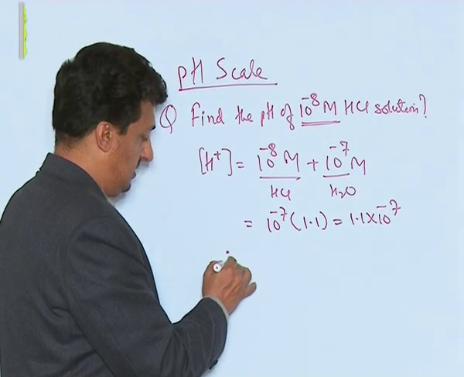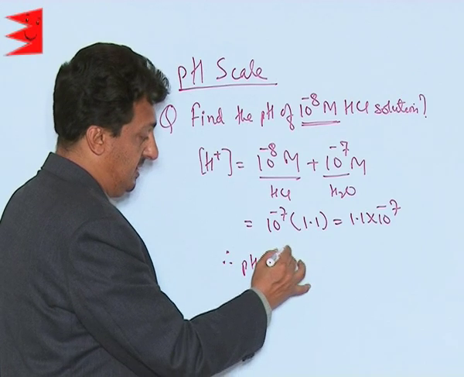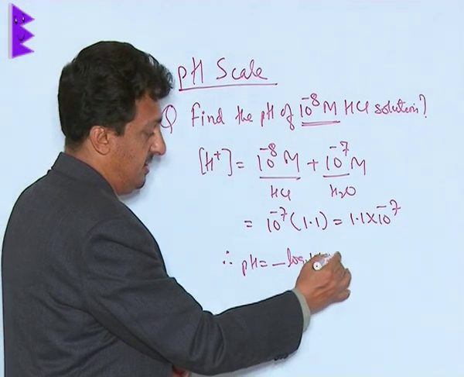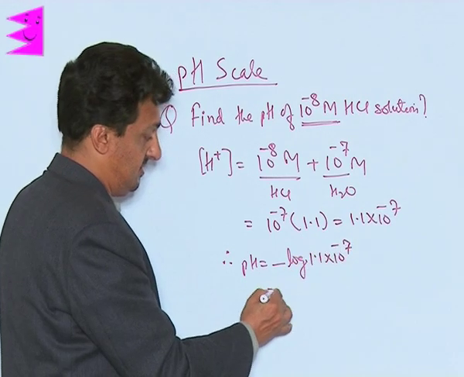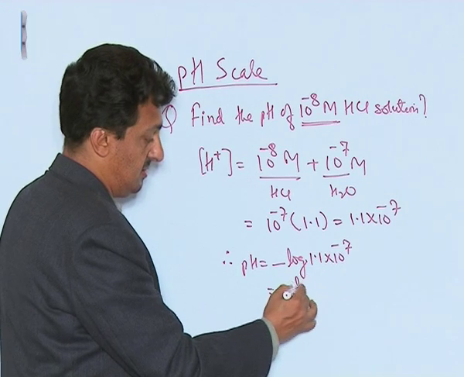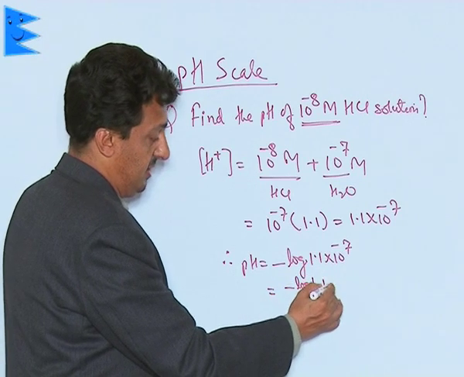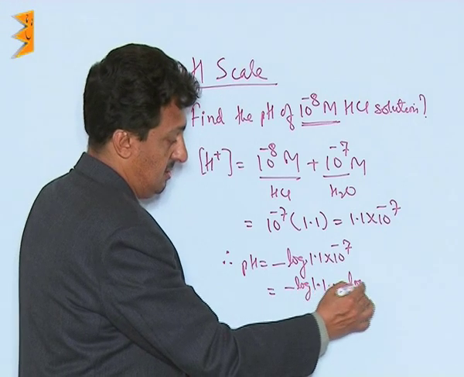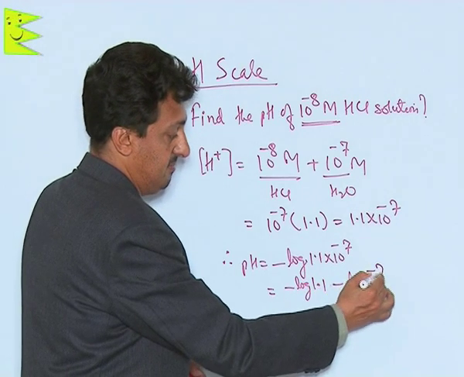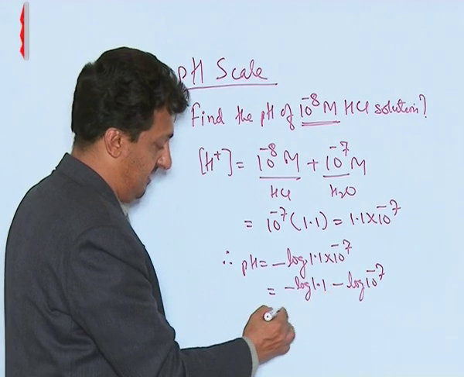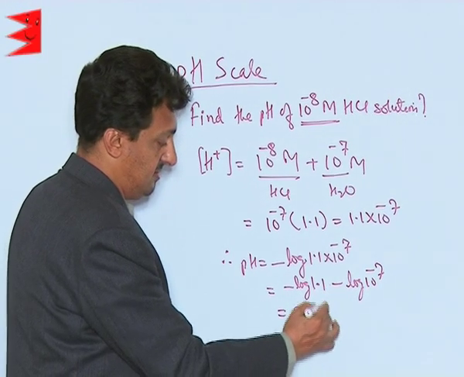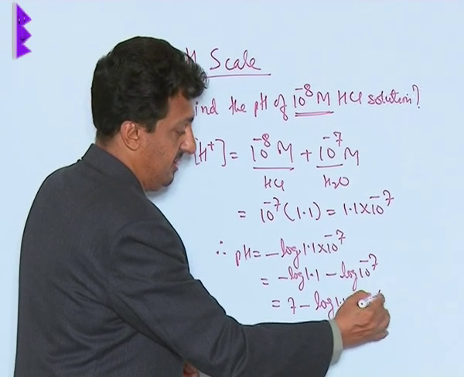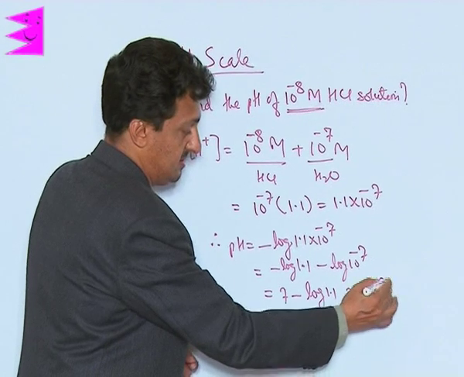Therefore your pH will be minus log of 1.1 into 10 to the power minus 7, which will be minus log of 1.1 plus minus log of 10 to the power minus 7. This will become 7. So it will be 7 minus log of 1.1, which will be actually somewhere 6.98.